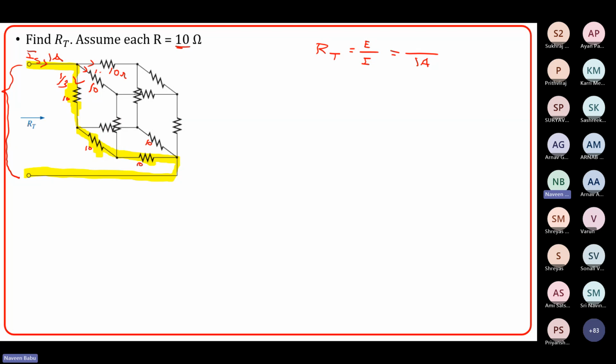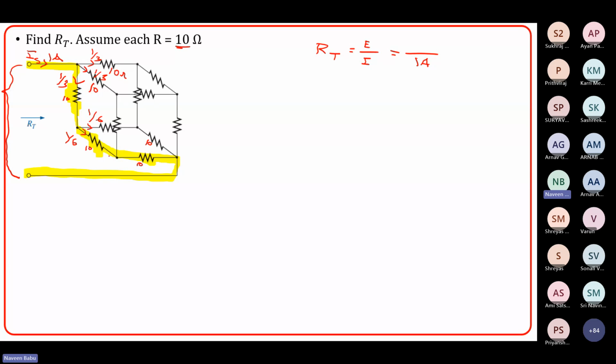And 1/3 will go here, and 1/3 will go here, right? I'm not interested in what happens beyond this. So 1/3 of the current comes here, and then further it gets divided into two branches, right? So here 1/6 of my current will flow because 1/3 divided by 2 is 1/6, and here again 1/6 of my current will flow.